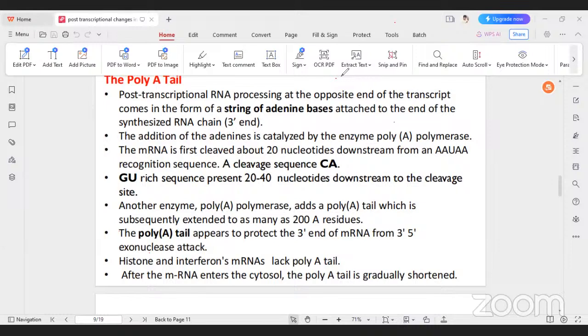Anita, Himabindu, Kankama, Hayan Sharif, please respond. How many steps are completed in post-transcriptional changes? Three, sir. What are those? Tell the answer whether it is right or wrong.